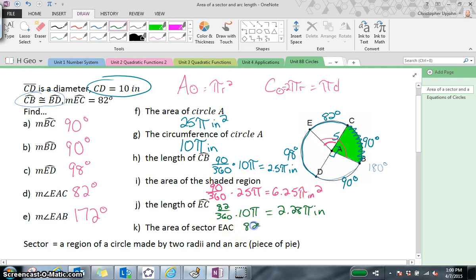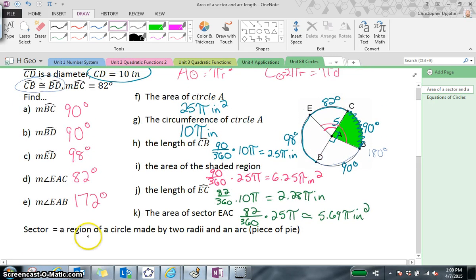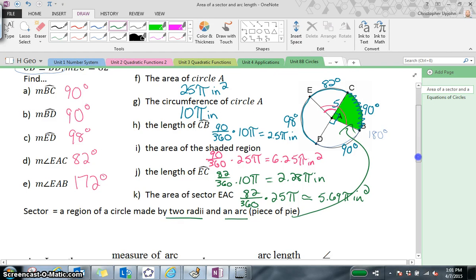Area of the sector, same thing, 82 over 360 times, now area, so 25 pi, that's about 5.69 pi inches squared. And remember, a sector is the region of a circle made by two radii and an arc, really it's a piece of pie. It's that green area up there.